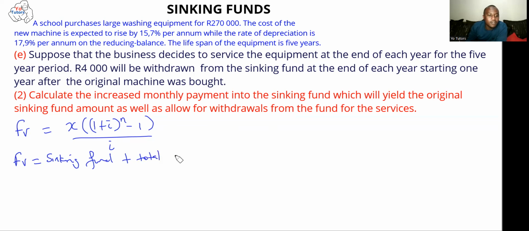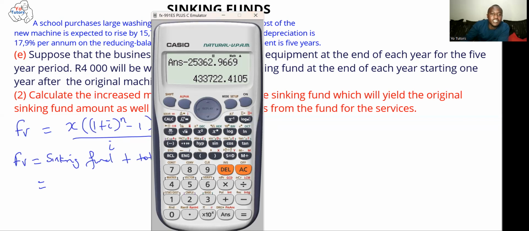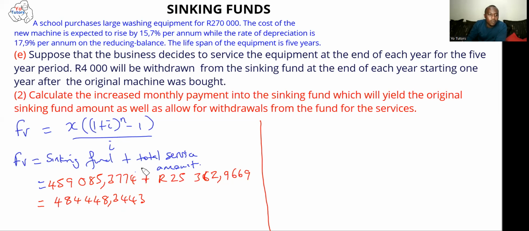So let's just write down the values there. We calculated the service amount, the amount that was used for services, which is 25,362, and also the sinking fund that is needed to buy the new machine is 459. We add the two, then we get 484. So this is the amount that we must have.